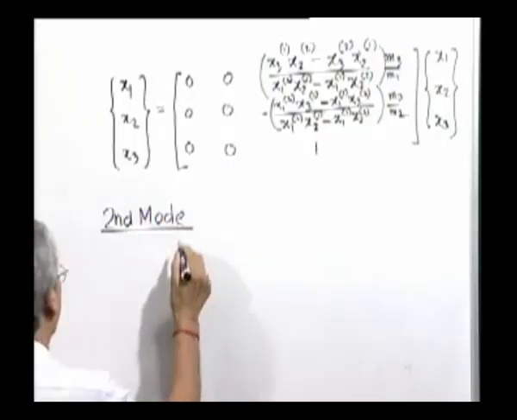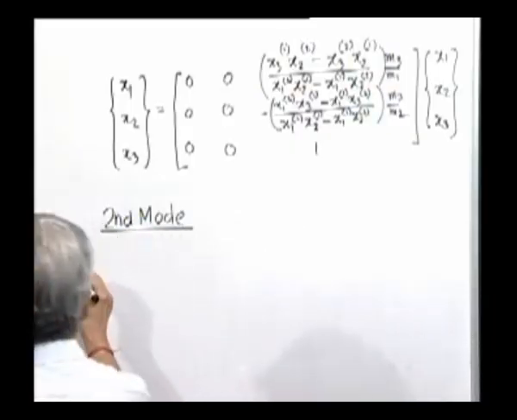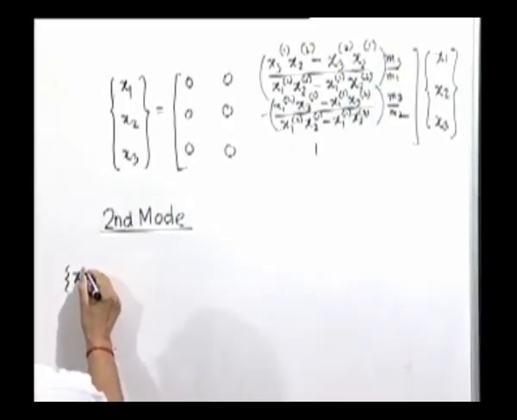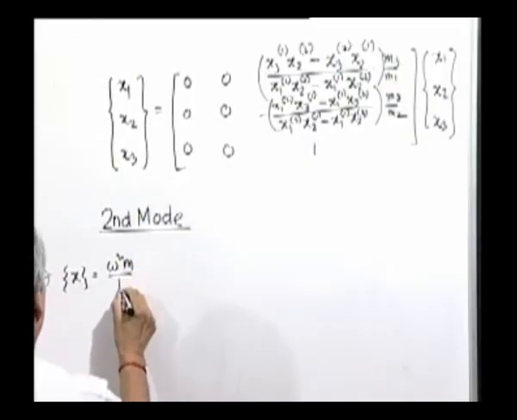Now, it involves too much calculation, so we do not want to do it. What we will show is that x equal to omega square m by k, the same kind of formulation.